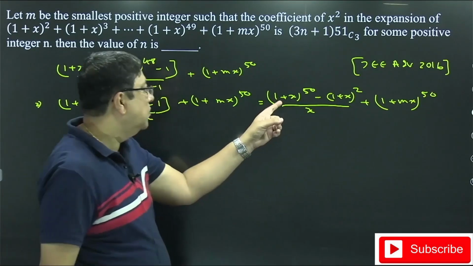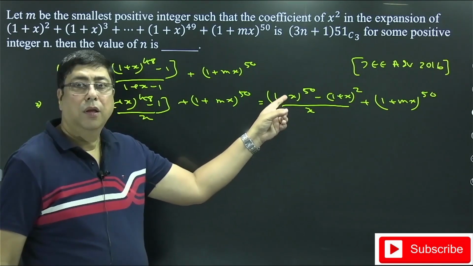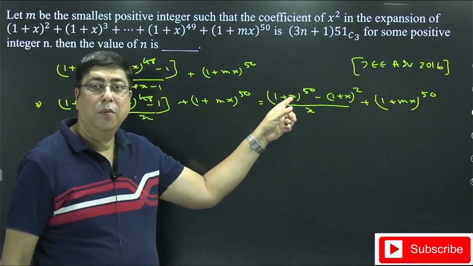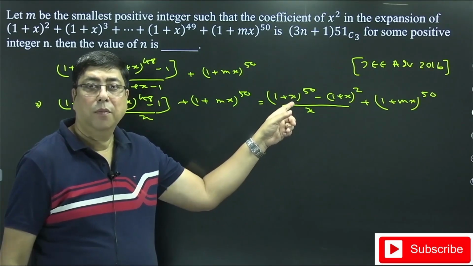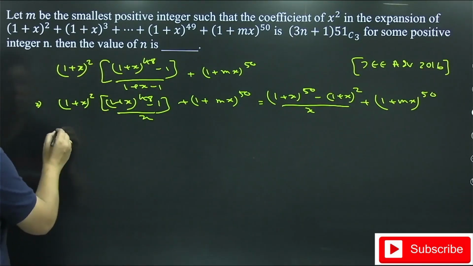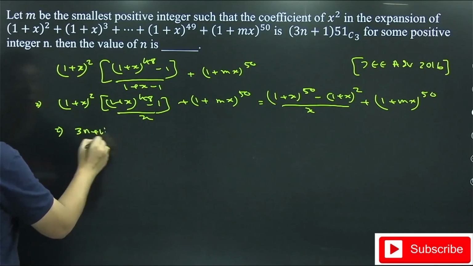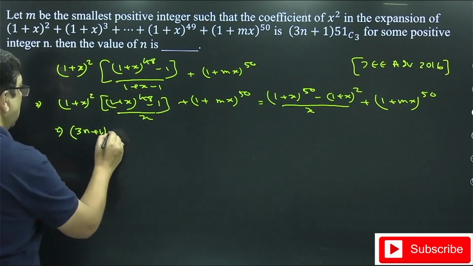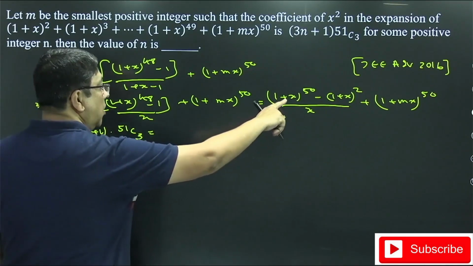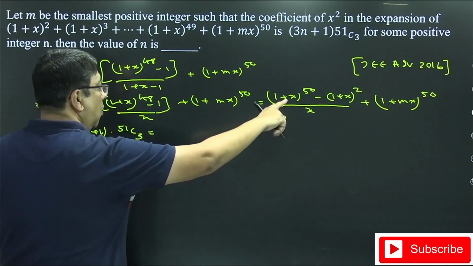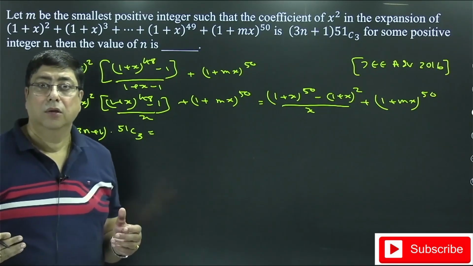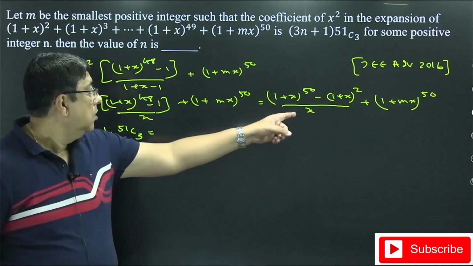In this case, the coefficient of x to the power 2 means we have to take the coefficient of x cubed in (1 plus x) to the power 50, because it is divided by x. So according to the condition, (3n plus 1) into 51C3 equals the coefficient of x to the power 3 in the expansion of power 50, because it is divided by x.